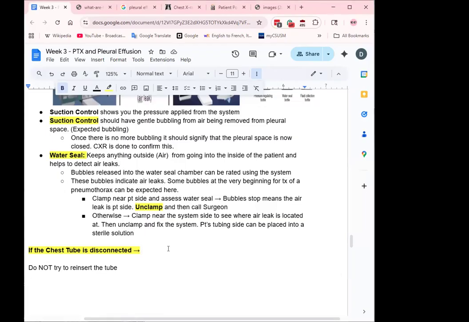This is similar to evisceration, the guts out. You're supposed to put a sterile gauze on there and then call someone. Same idea. You're supposed to put the Vaseline gauze.